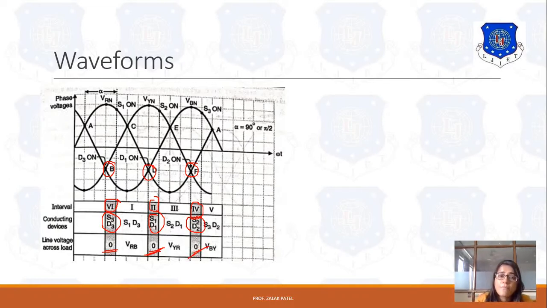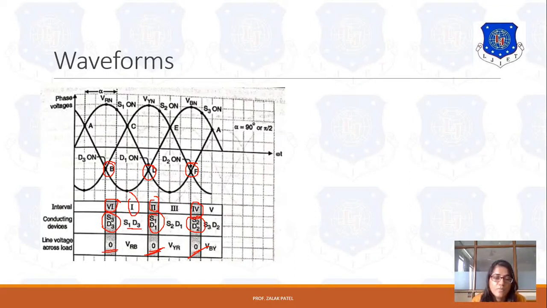So this is when intervals 2, 4 and 6 are there. Now what will happen when intervals 1, 3 and 5 are there? In the waveform, during the first time interval, S1 will operate with D3, which means it operates with a different phase diode.